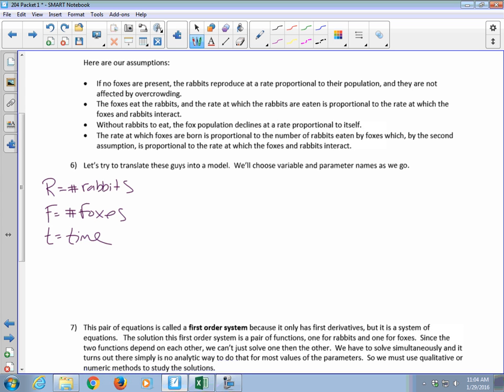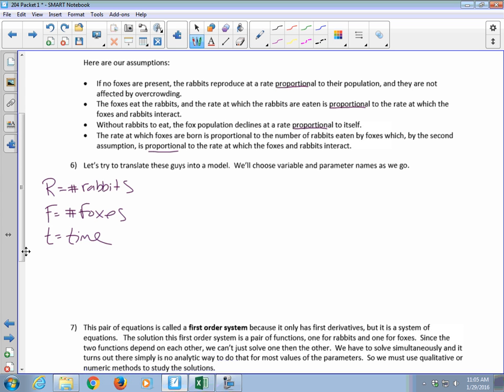How many constants of proportionality am I going to need in here? How many parameters? 4. Yeah, there's 4 assumptions, and they all say something about being proportional to, right? So proportional, proportional, proportional, proportional. So I'm going to need 4 parameters to describe those constants of proportionality.